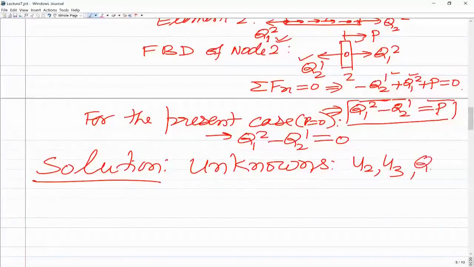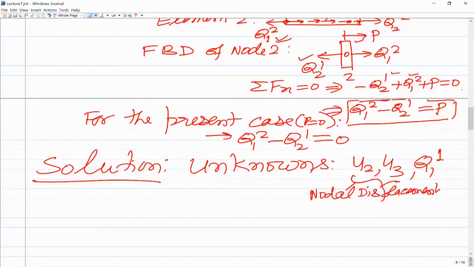The third unknown is basically q11. So these are three unknowns. Out of that, u2 and u3 are the nodal displacements, that is, displacements of the nodes along the x direction, and q11 is essentially another reaction.